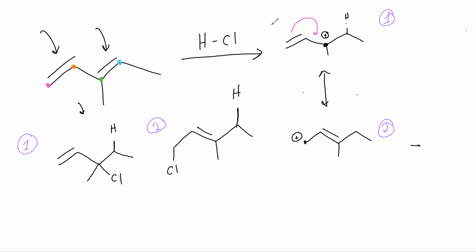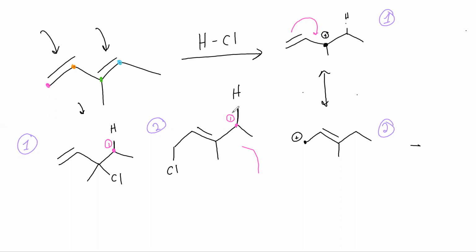And so the way I'm going to do that is I'm going to start numbering at the carbon the hydrogen was added onto. So this is going to be carbon 1. Okay, same over here. And so now I'm just going to start numbering to the left towards the other double bond to see what number carbon our chlorine was added to.